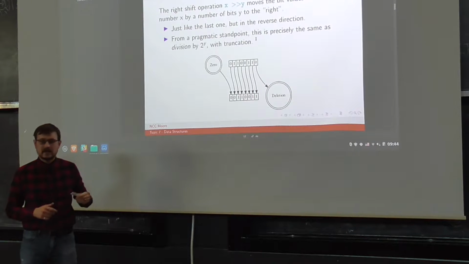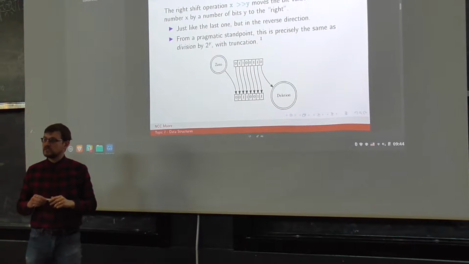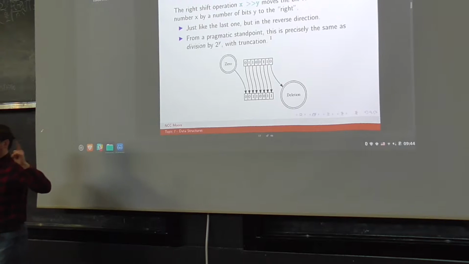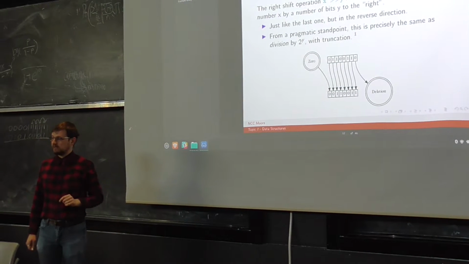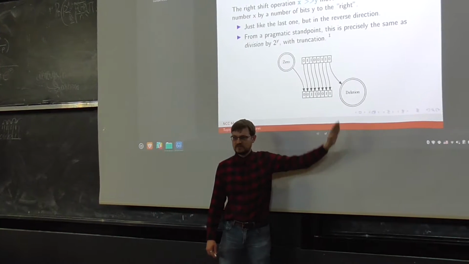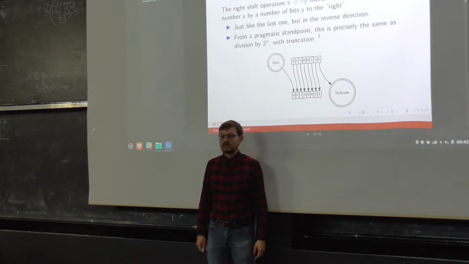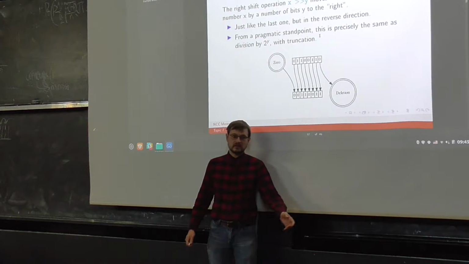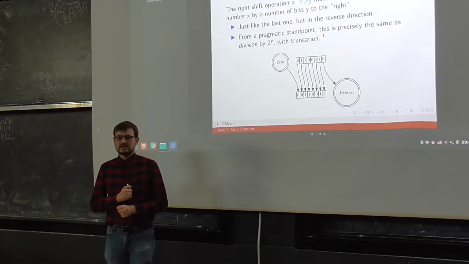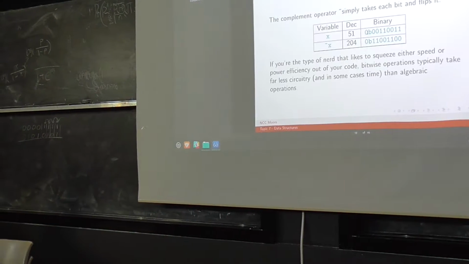In the same way that the left shift is multiplication by 2 to the power of n, where n is the number of bits you're shifting by, the right shift is division by the same. Because, of course, we're just shifting things over by place value. If you took the number 130 and shifted all the place values down by 1, you'd end up with 13, which is the same thing as division by 10. Right? Make sense? Okay. Good.